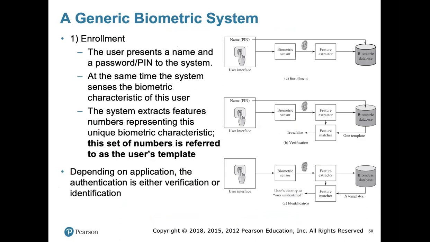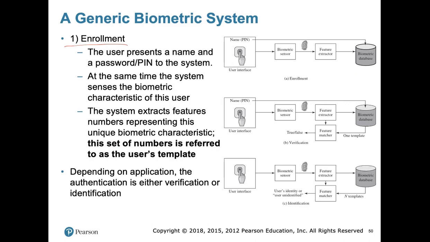Okay, the general authentication model based on biometrics is shown here. It has two phases. The first phase, or the first step, is enrollment, like the registration we talked about in that general authentication slide.